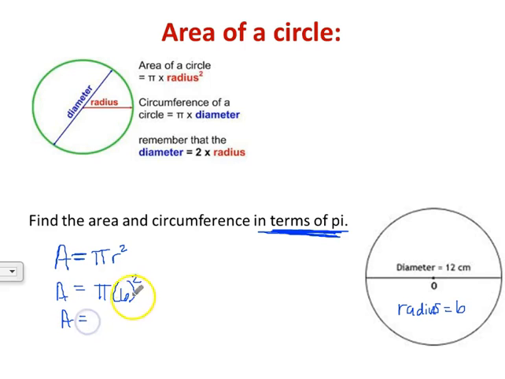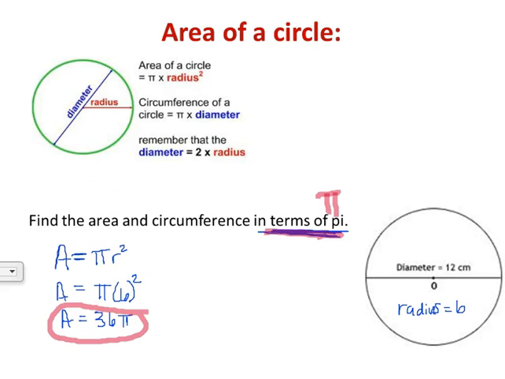Let's simplify. 6 squared is 36 pi. To solve in terms of pi, we leave the symbol pi in our answer, so we would be done. The area of that circle would just be 36 pi.